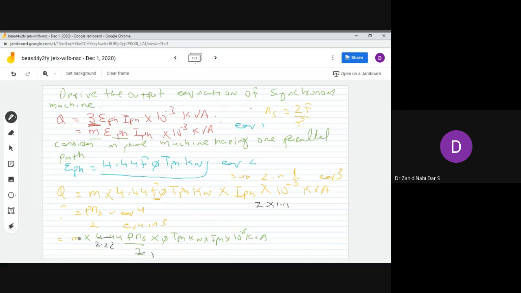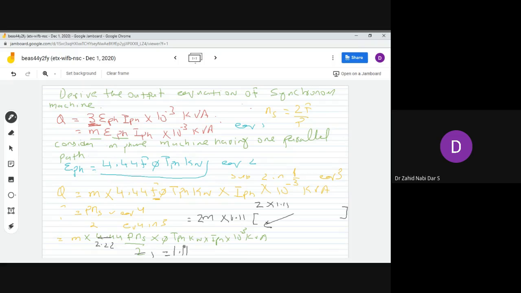If I write it over there, I can write 2m into 1.11, and the rest quantities. When I have to substitute this back, I can write it in terms of this.